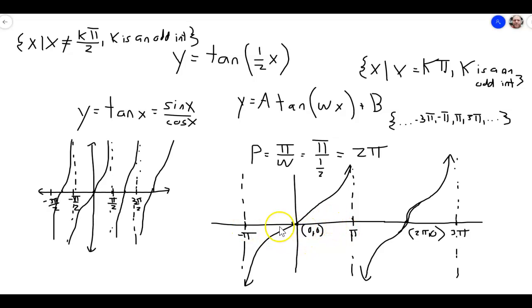So that's pi over 2 and negative pi over 2. Put those inside my function and evaluate. I'll let you do those. And then you can also do halfway between 2 pi and 3 pi and pi and 2 pi, and then evaluate those to get your y values as well, and mark those as key points.